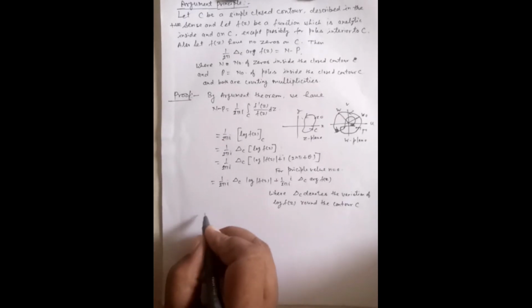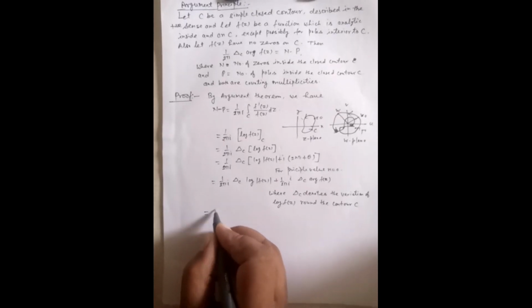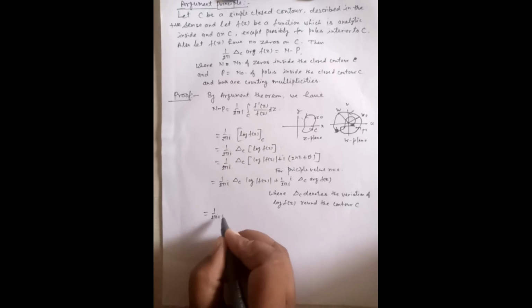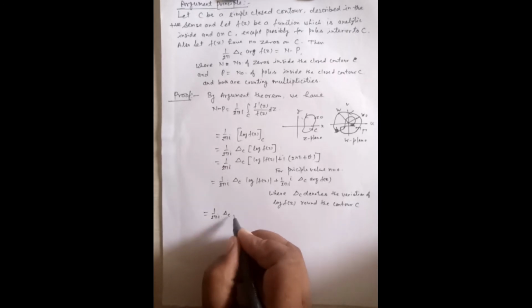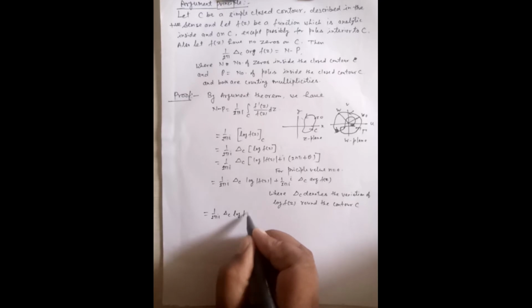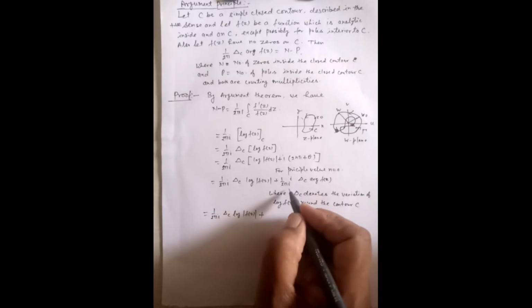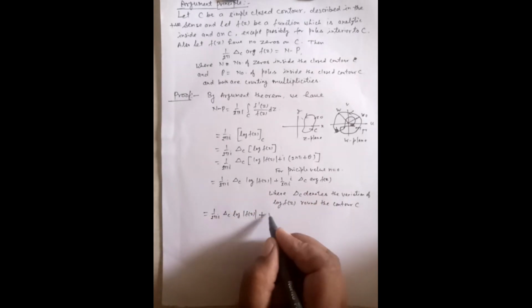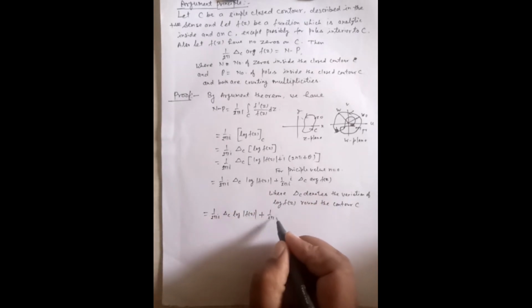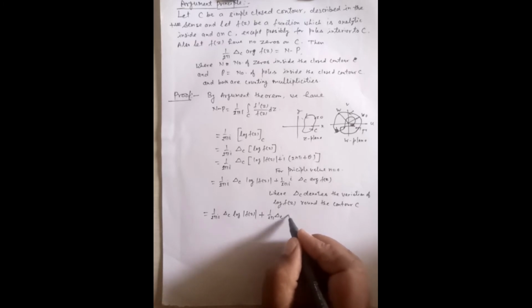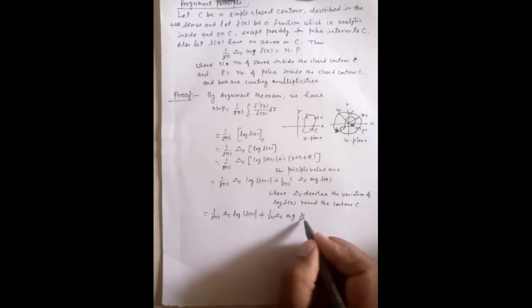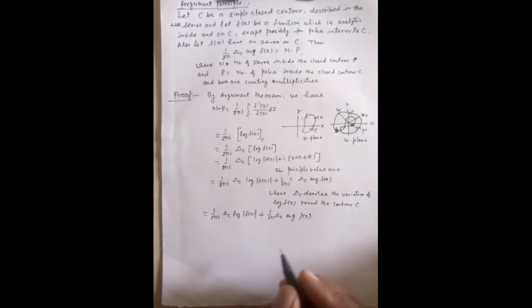So this gives 1 by 2 pi i delta C log of mod of f(z) plus, here i will cancel, so we get 1 upon 2 pi delta C argument of f(z).